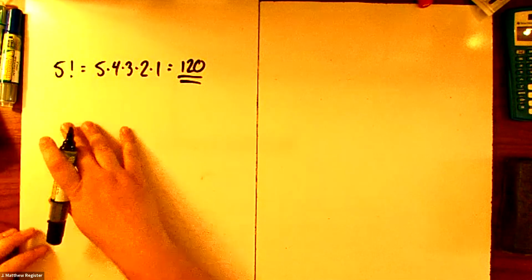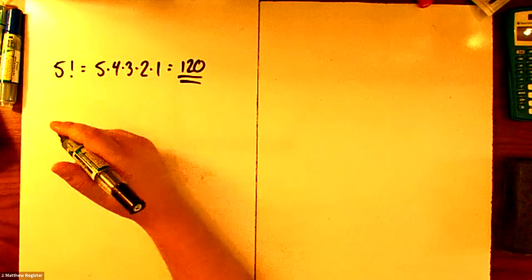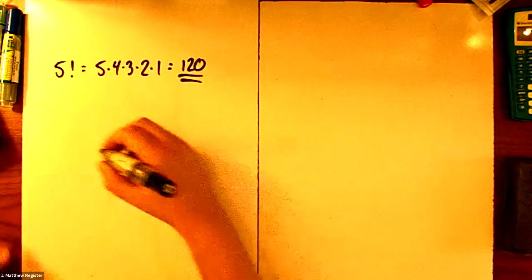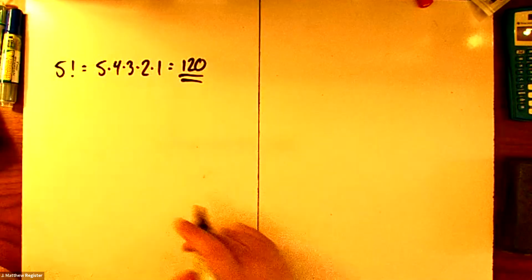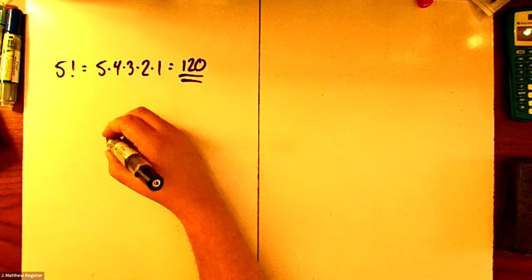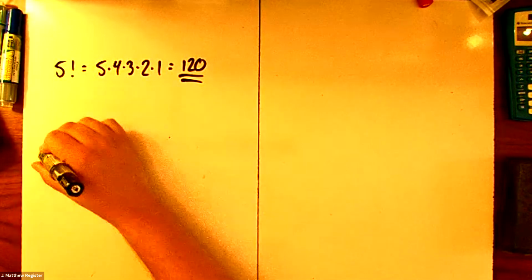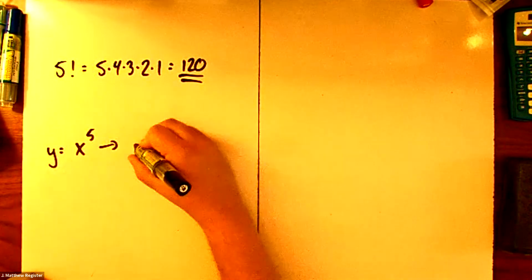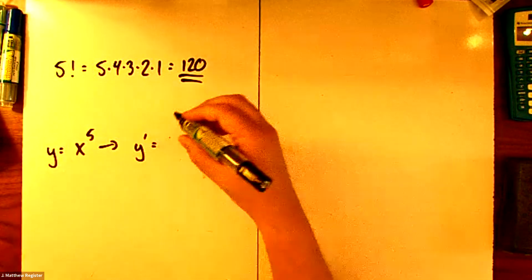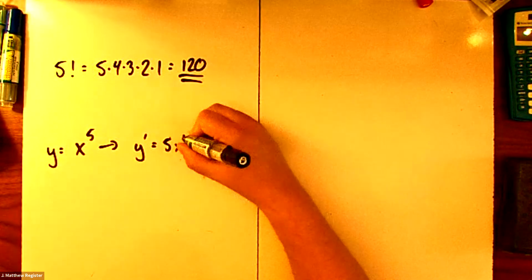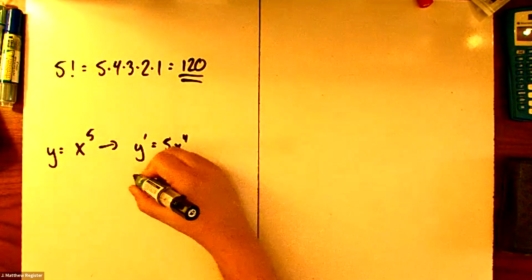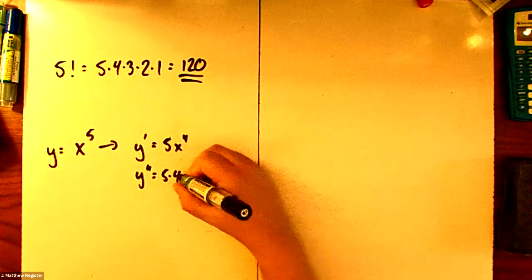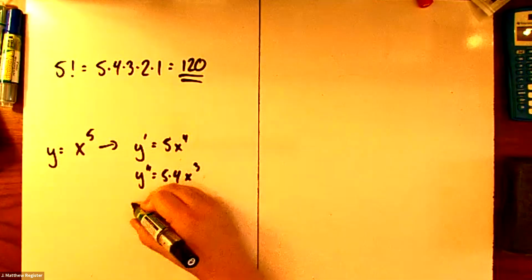As we are creating our Taylor polynomials, we want them to match up to a certain number of derivatives. Well, what happens when you take the derivative of something like x to the 5th? You get y prime is 5x to the 4th. The next derivative, y double prime, is 5 times 4 x to the 3rd.